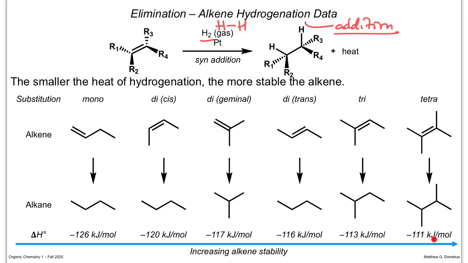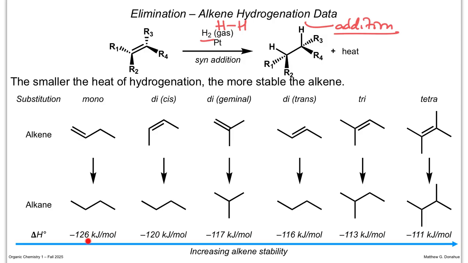And so in terms of stability, to understand the meaning of negative numbers, if you start at 0 and you think about just going down to a negative number, whatever you hit first is the most stable. So negative 111, you hit that before you hit negative 126.